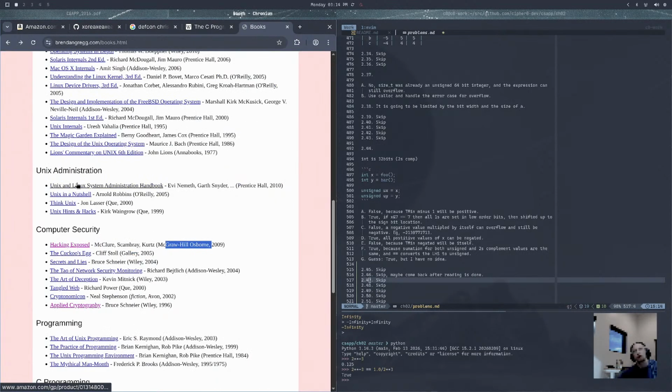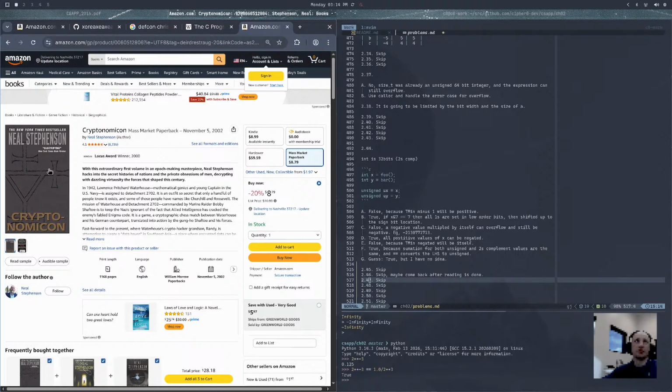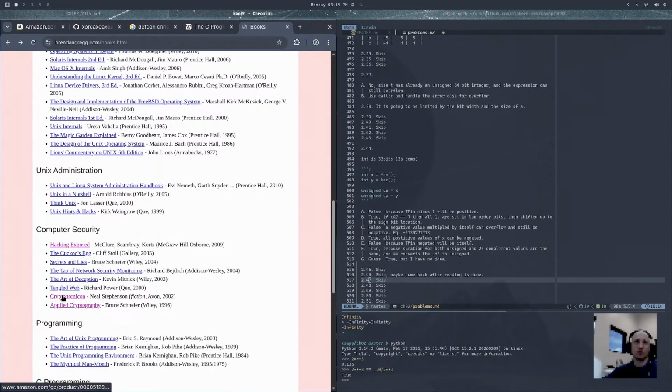What I hear from people in the software security, information security community, is that hacking books get out of date really quick. So some books I imagine are going to be timeless and foundational. Cryptonomicon, I've never actually read. That is more of a fiction book, yeah. I would skip that one.